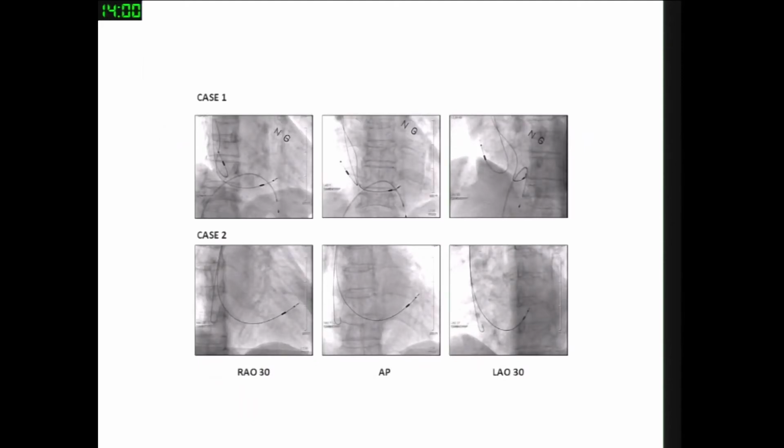To achieve this, we use this case, RAO view, AP view, and LAO view. The pacing site is septal, and the RVOT area is in the middle of the cardiac silhouette, and some is anterior over the cardiac silhouette in the RAO view.